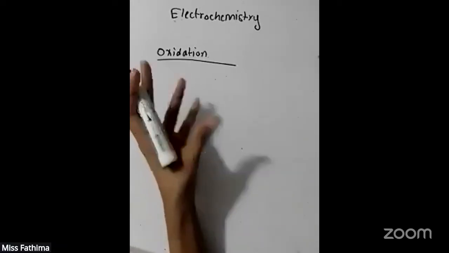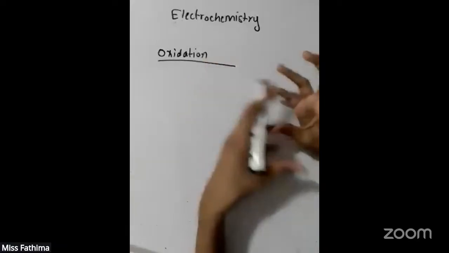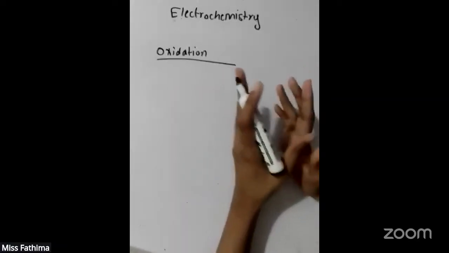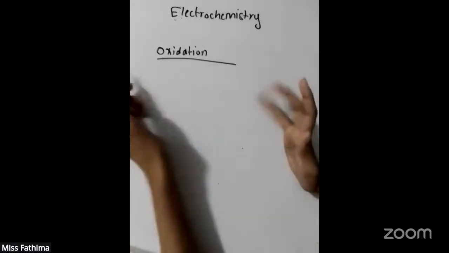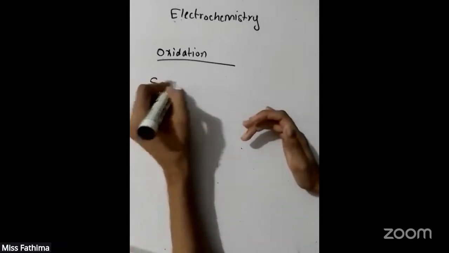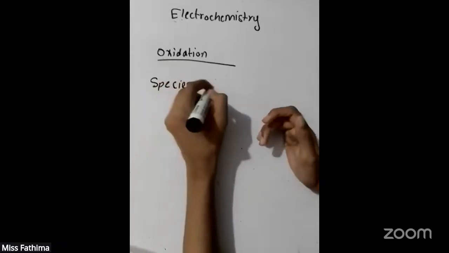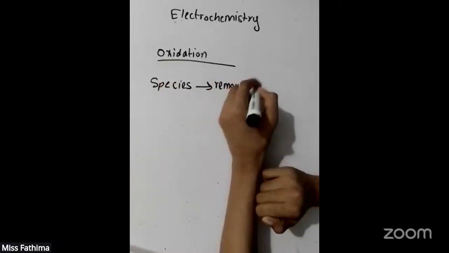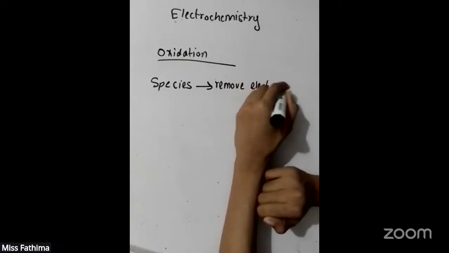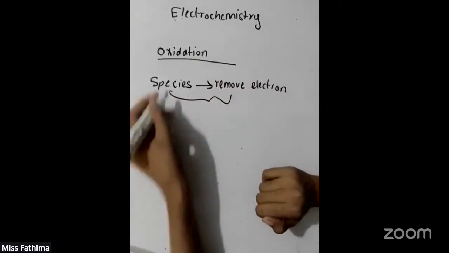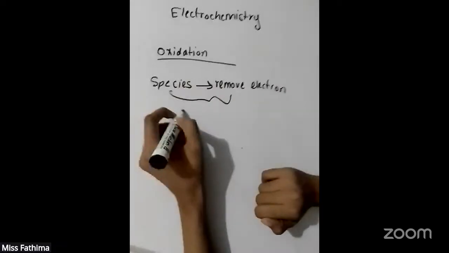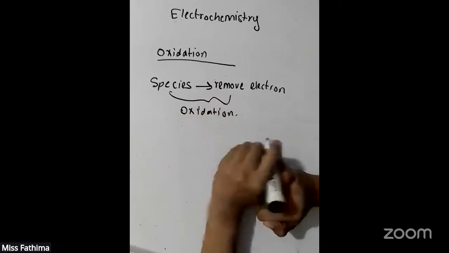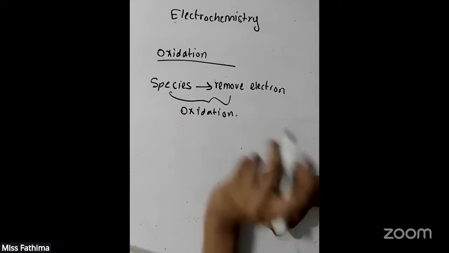You call a species something like an atom, or related to human, like some sort of individual. A species which removes the electron, that process of a species removing an electron, you call it as oxidization.